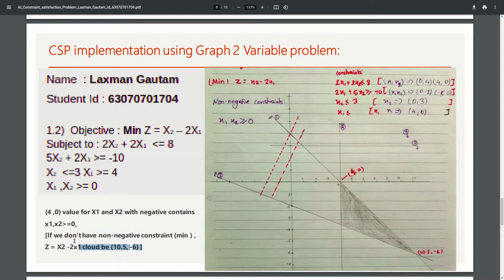That means with this solution we violated one constraint. So while solving the problem, from the start node to the goal node, we must satisfy the given constraints. The actual solution for this problem is 4,0.